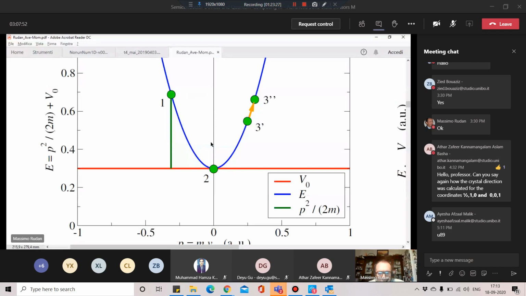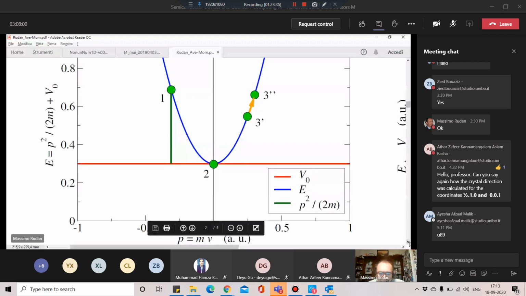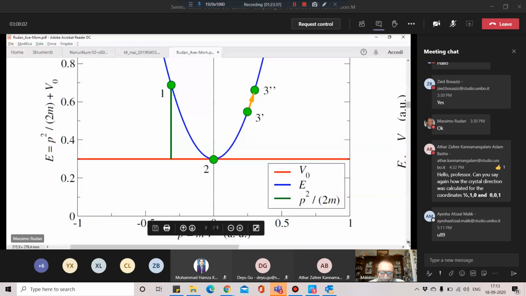Case number 2 is that of a particle whose momentum is 0, which means also that the velocity of the particle is 0. So situation number 2 represents a particle that does not move.